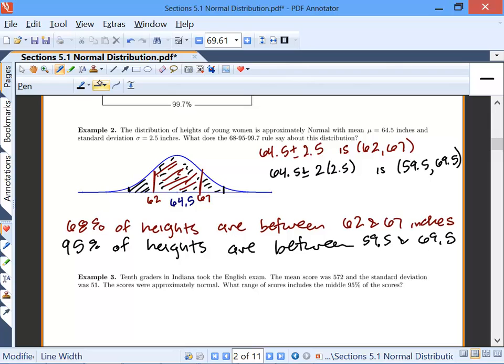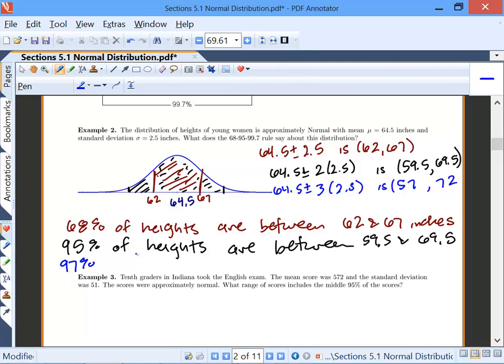And if we go out even one more, 64.5 plus or minus 3 standard deviations, it goes from 57 to 72.